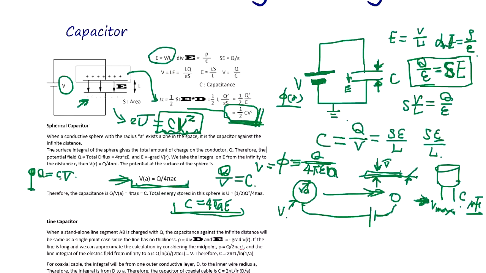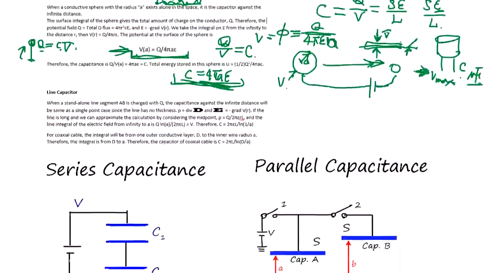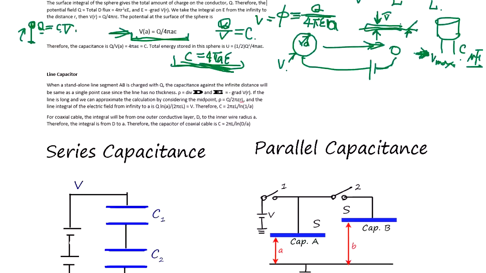You know the capacitance, and the voltage you apply, then you know how much Q is accumulated. But it's not the kind of capacitor you use in an electronic circuit. And there is a line capacitor. You have a single line AB charged with Q.